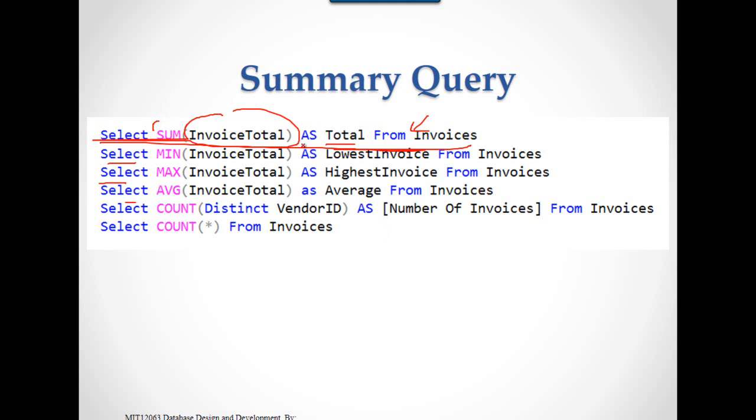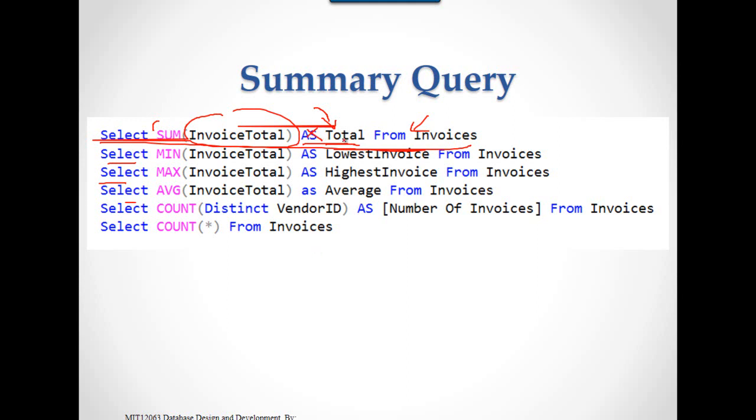If you don't use the AS keyword with total, it doesn't make any difference, as it is optional as we know. Even without the AS keyword, we can write select sum, within brackets invoice total, from invoices. Without the AS keyword, we can create the query. It works fine, no difference.